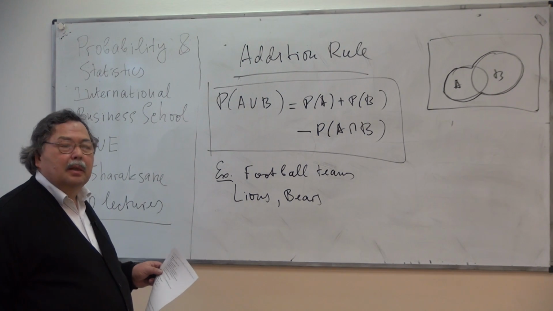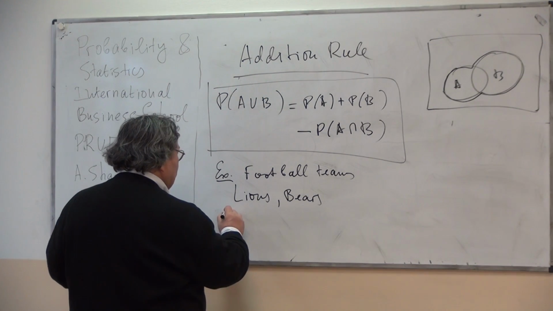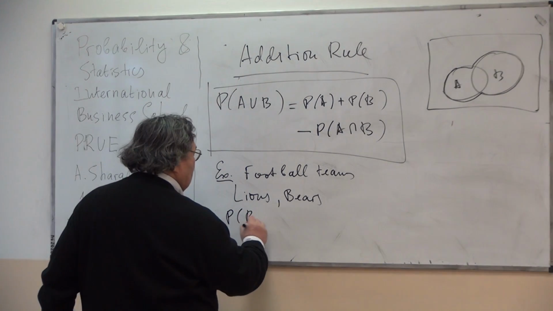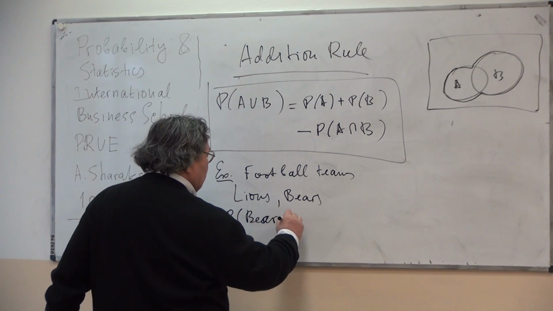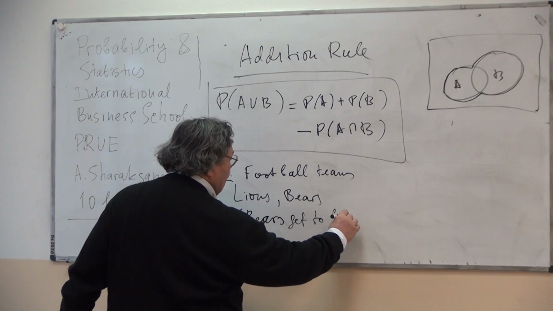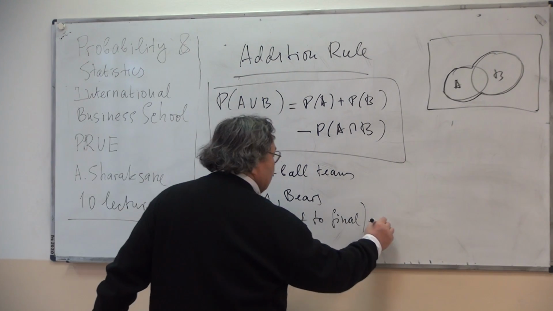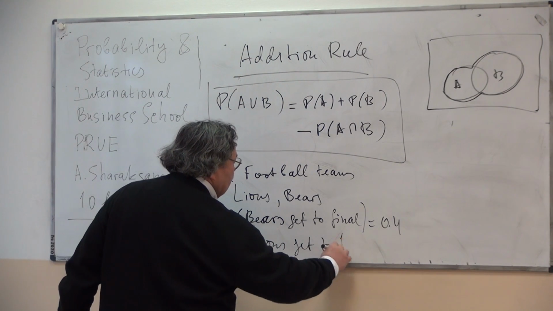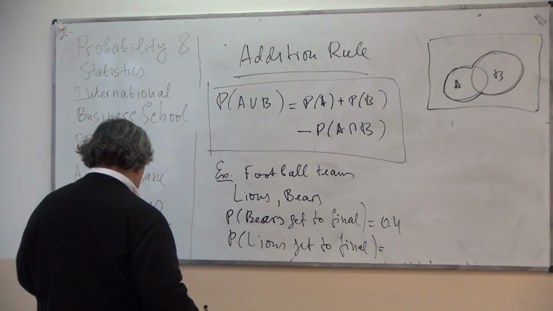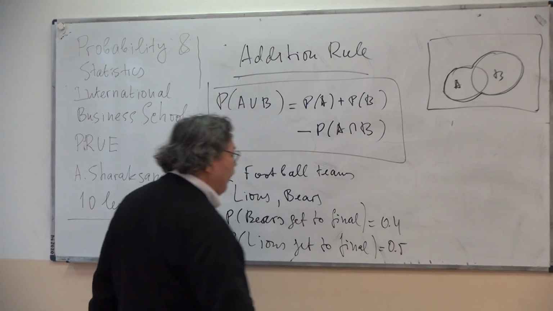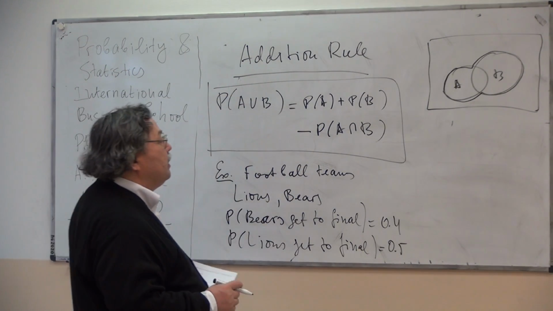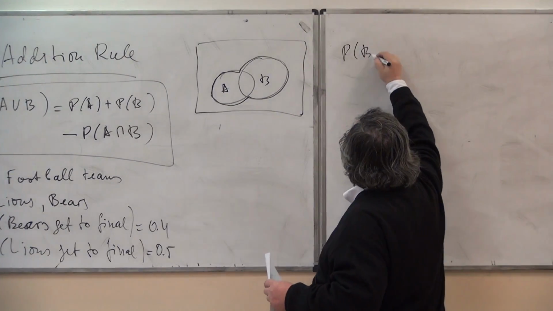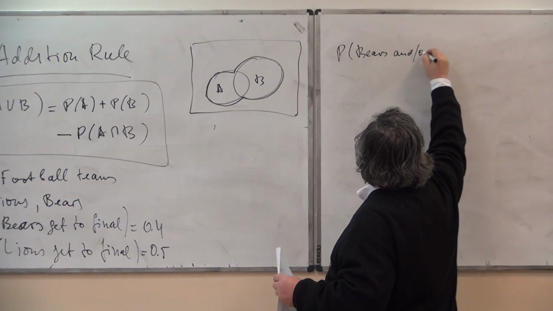And the bookmakers say that the probability that Bears will get to the final is 0.4. And the probability that the Lions will get to the final is 0.5.